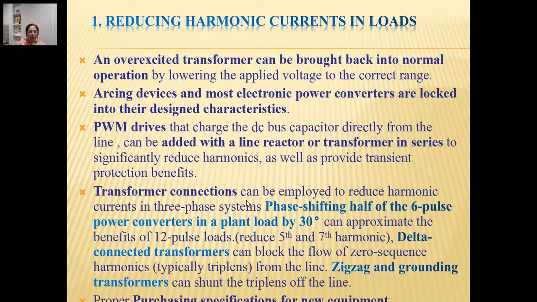Transformer connections can be employed to reduce harmonic currents in three-phase systems, like phase shifting half of the 6 pulse power converters in a plant load by 30 degrees. We have already studied that two 6 pulse converters can be connected with a 30 degree phase shift, and the output generated can appear like a 12 pulse output.